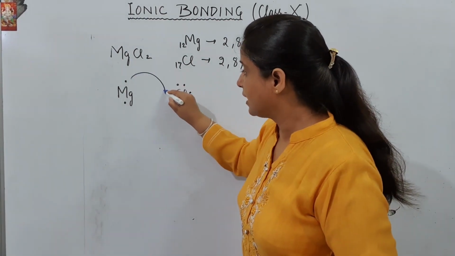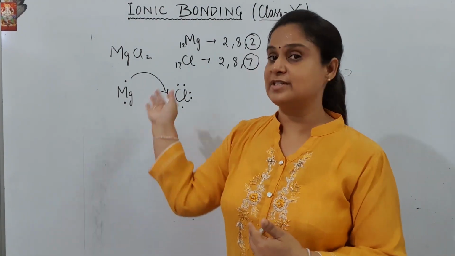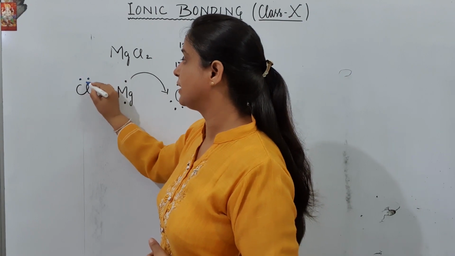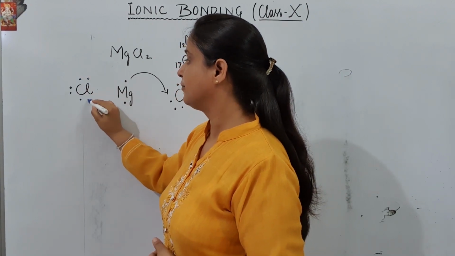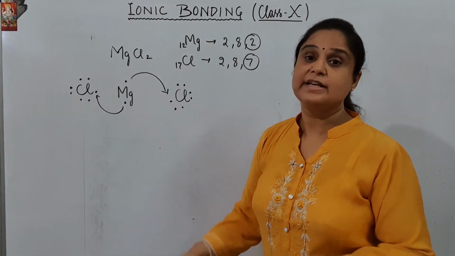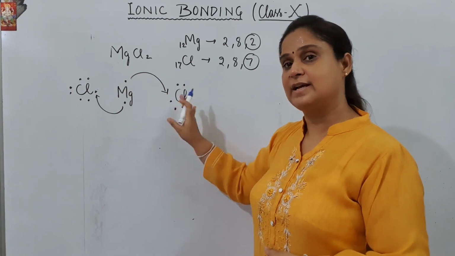So this electron comes to this chlorine, and another chlorine is possible which can take the electron from the magnesium. So one more chlorine I am drawing here, 1, 2, 3, 4, 5, 6 and 7, and this electron goes to this side. So this way you can see that magnesium is giving its electrons to this and to this.